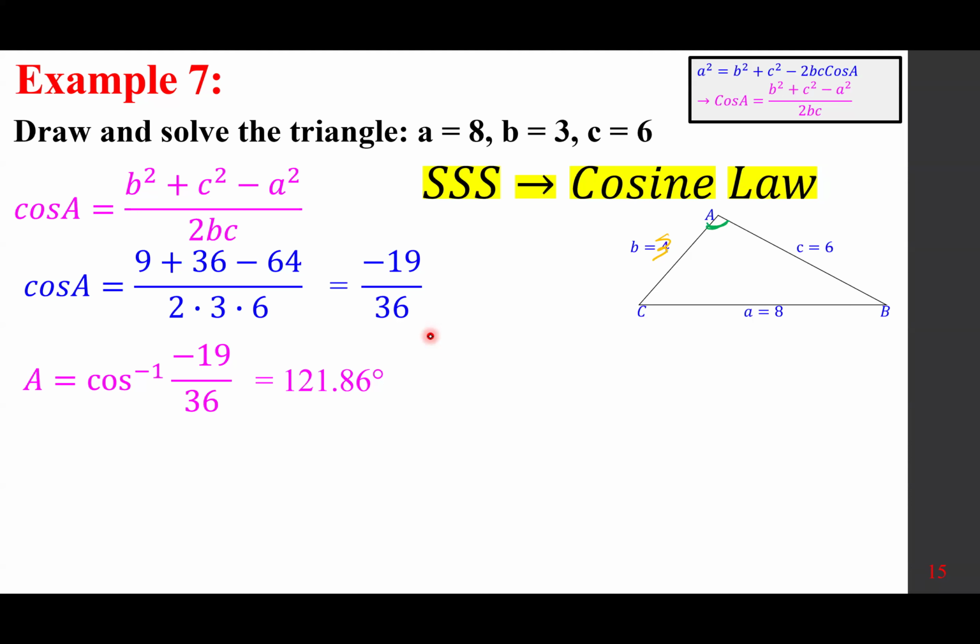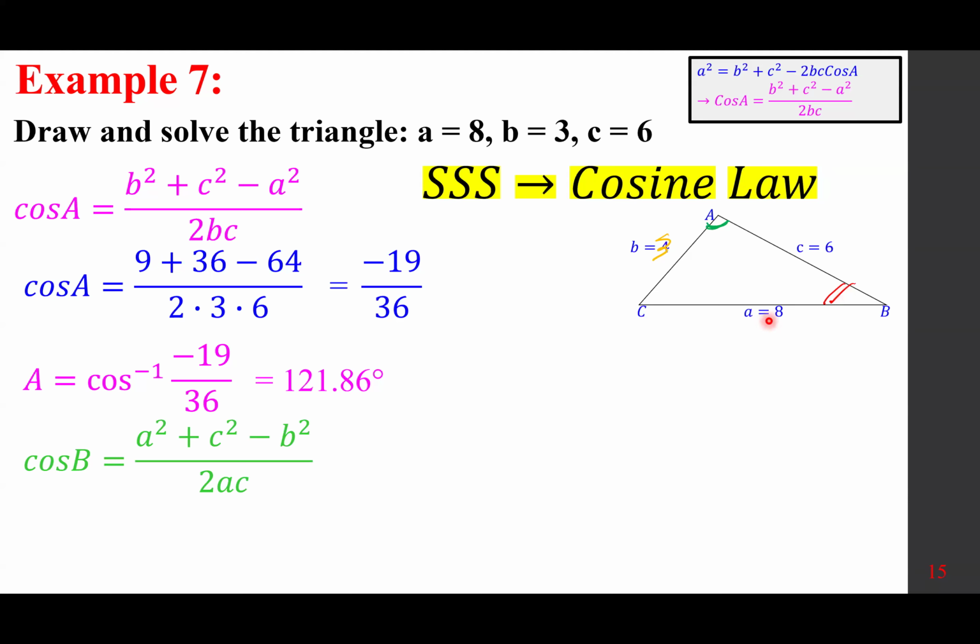We have angle A. Let's do the same thing for angle B now. So cosine B is A squared plus C squared minus B squared over 2AC.